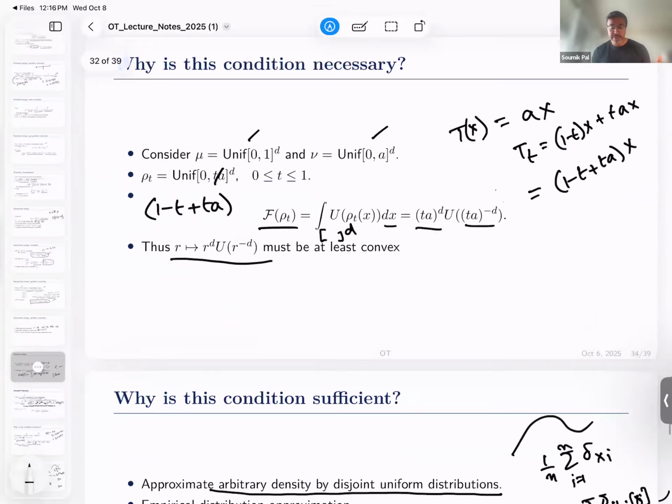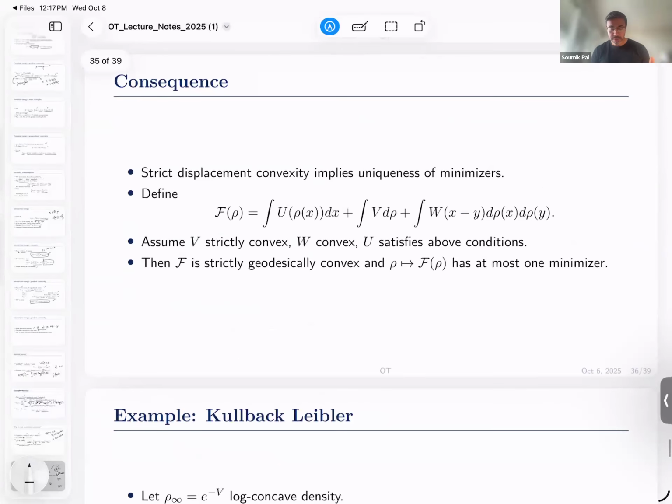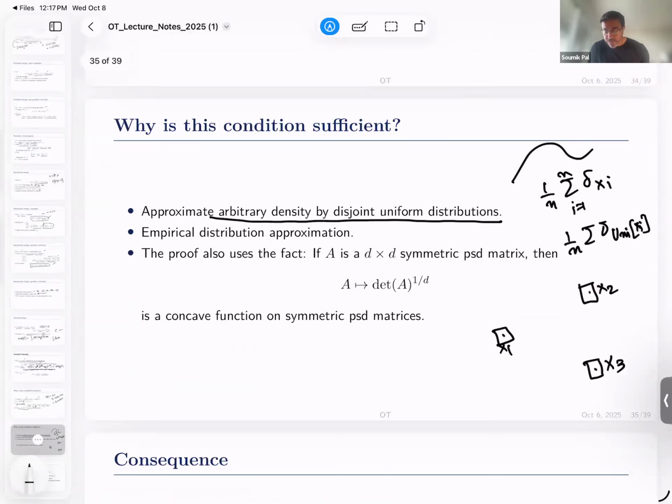The only kink in this argument is that when these uniforms are actually getting transported by a Brenier map, they are not getting mapped to a cube, they are getting mapped to some parallelograms.